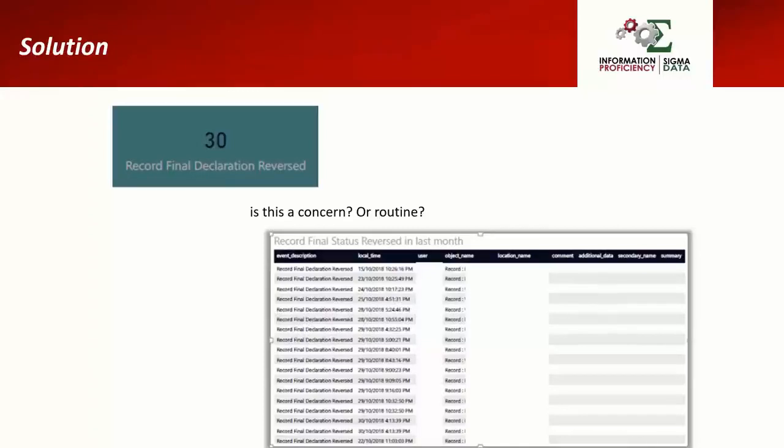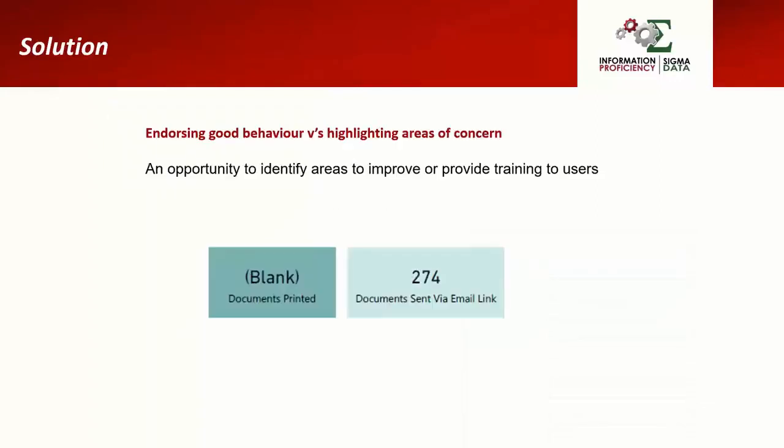A further example that we'll have here: there were 30 records reversed with their final declaration. Is this a concern or is it routine? In this particular instance, it happened to be a breach of process, and they were able to address that and work with the people concerned and improve their process.